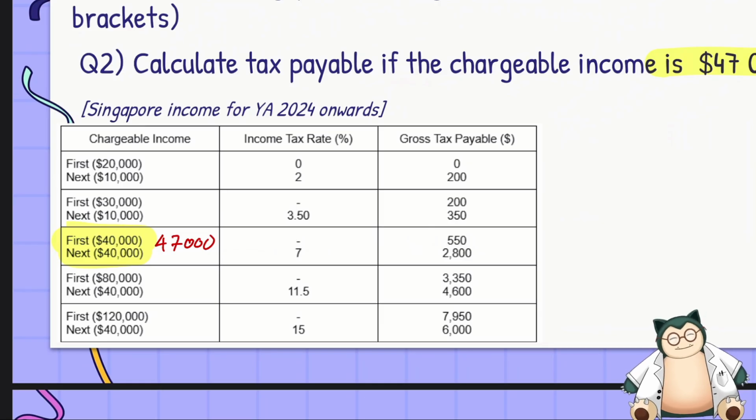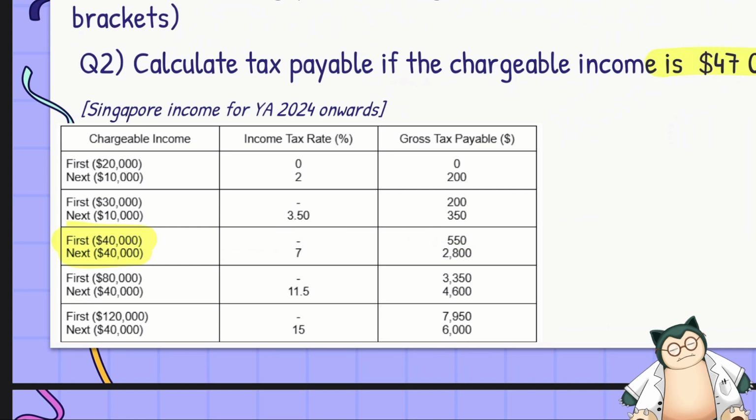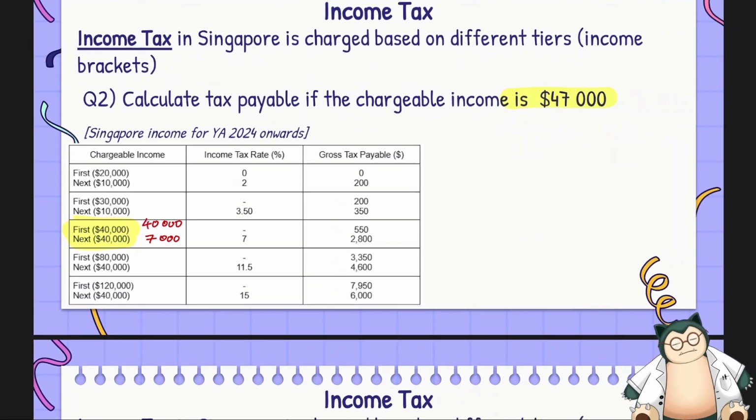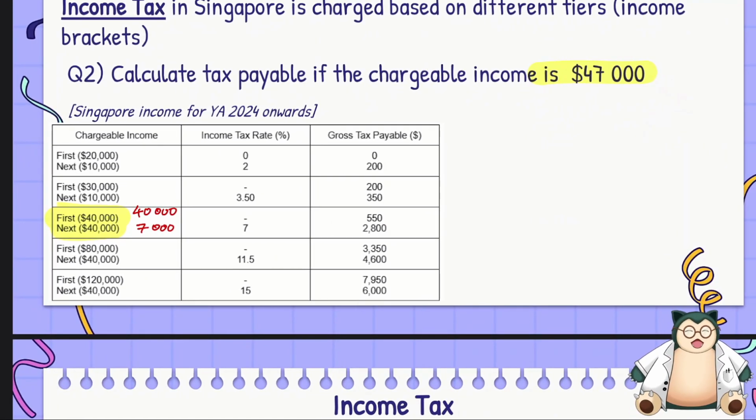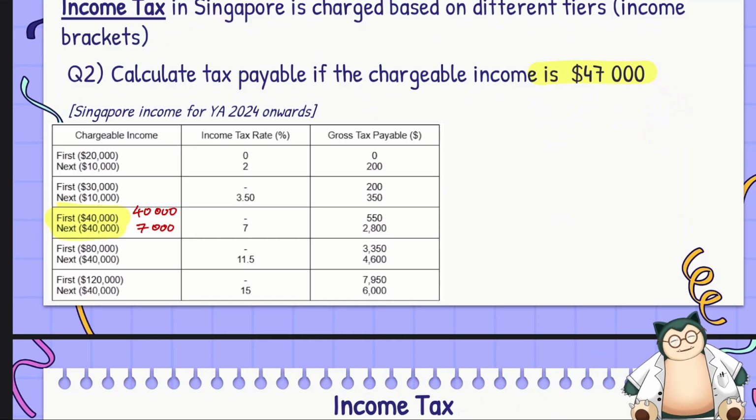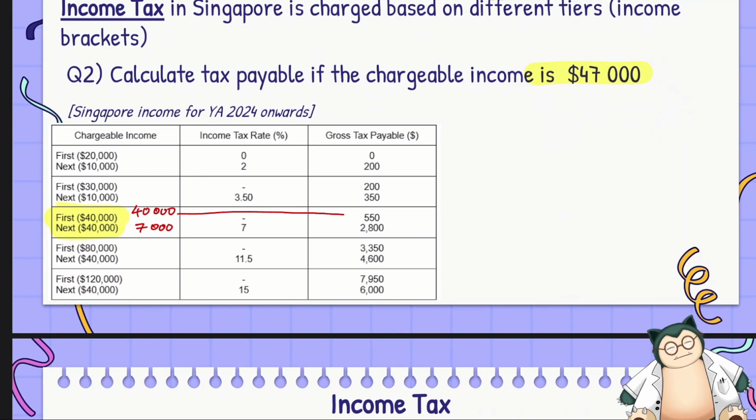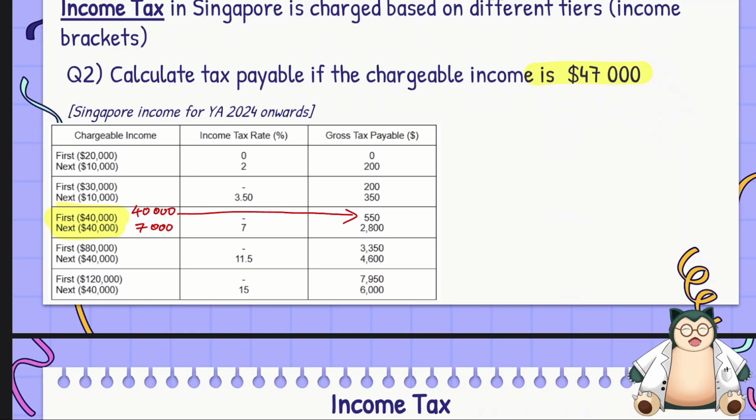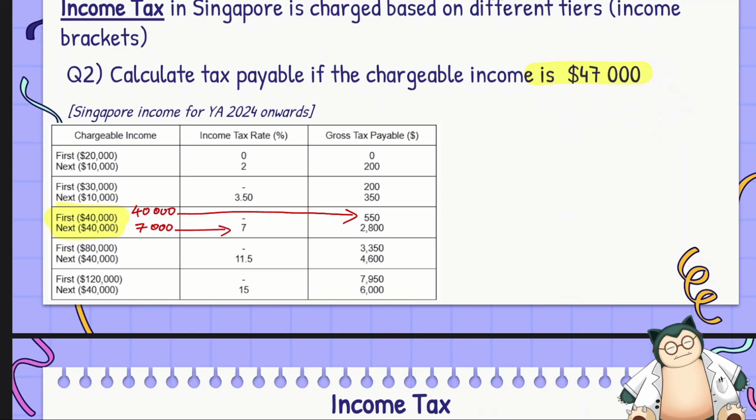So then you have to break it up into 40,000 on the top and the next 7,000 at the bottom. All right, so this is how we break up our income bracket. So for the first 40,000, we have a fixed rate of $550, but the next 7,000, it will charge you at 7%.